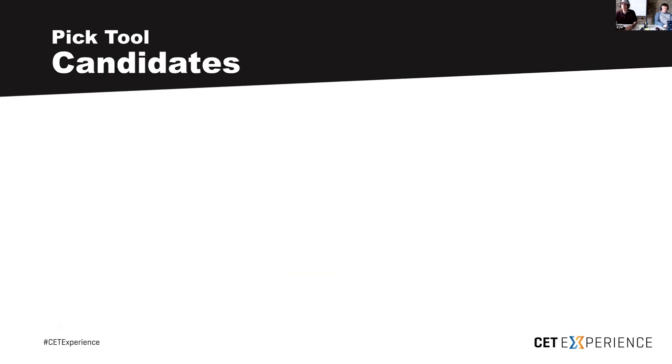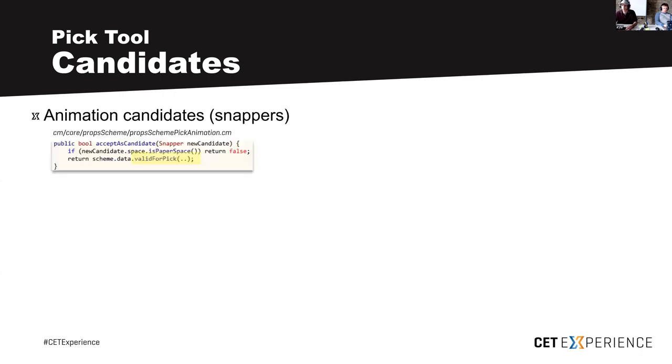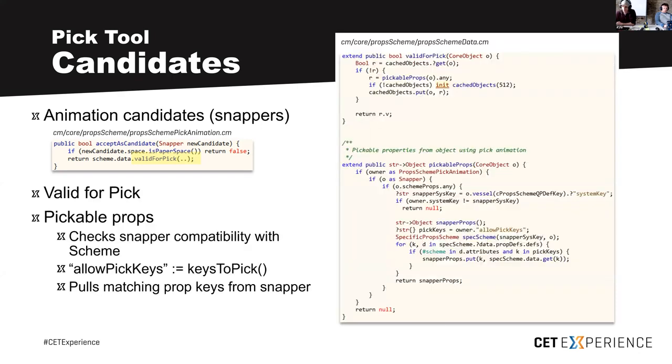Next we'll talk about how the pick tool actually grabs candidates from space. The animation, as it's hovering over candidates, grabs the snapper candidate, sends that over to the scheme data, and asks the scheme data if that object is valid for selection. That's what we're seeing here on the right. The first line of defense is it checks if it's valid for pick.